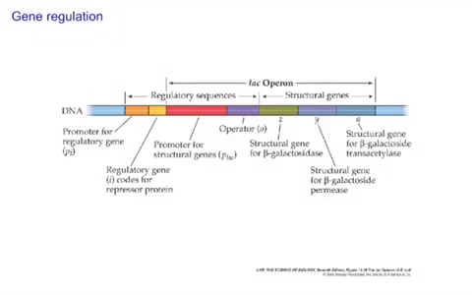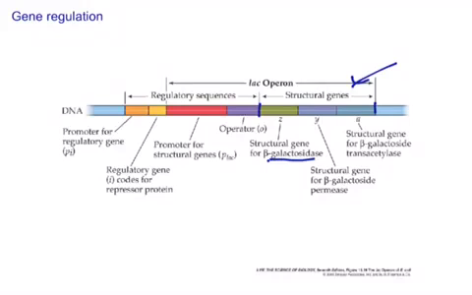The gene that we're interested in, a gene that will code for a particular protein, a coding gene for a particular protein, is referred to as a structural gene. We can see that shown here. So the structural gene, this segment of the DNA, codes for the enzyme that the cell is interested in, in this case beta-galactosidase.